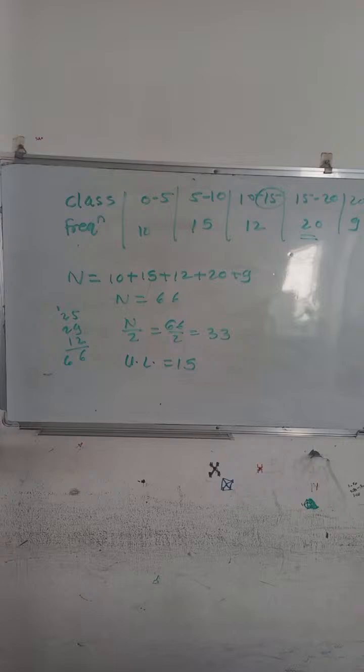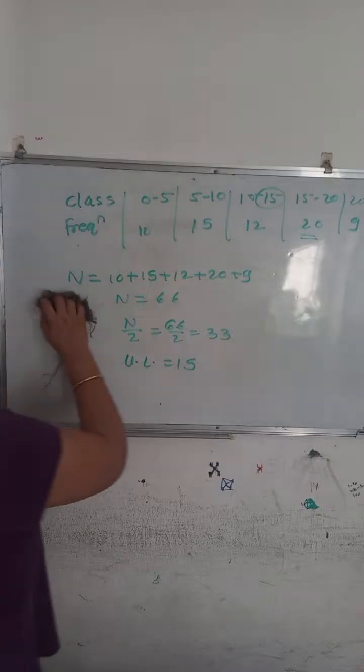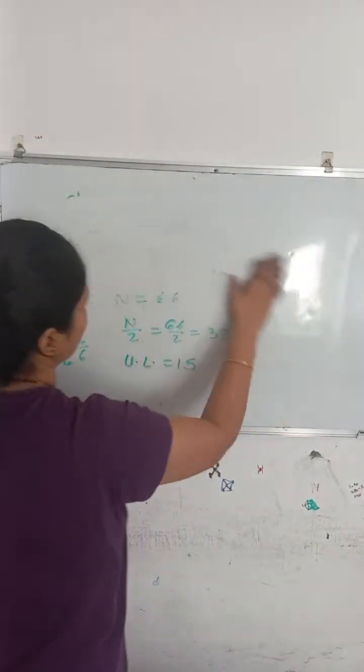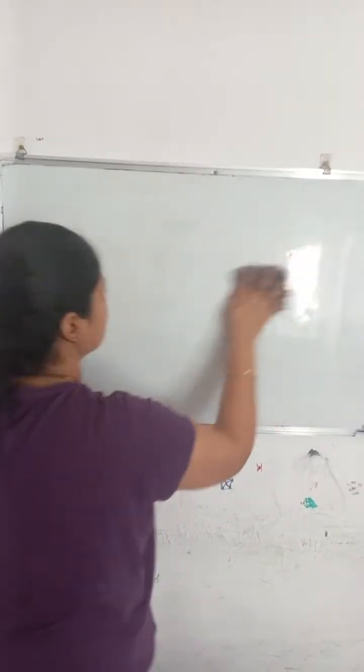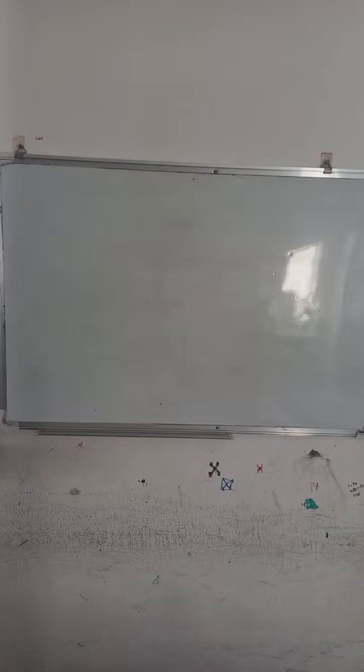Write down the next question, that is, if the sum of the 15 observations of data is 434 plus x, and the mean of the observations is x, then find the value of x.